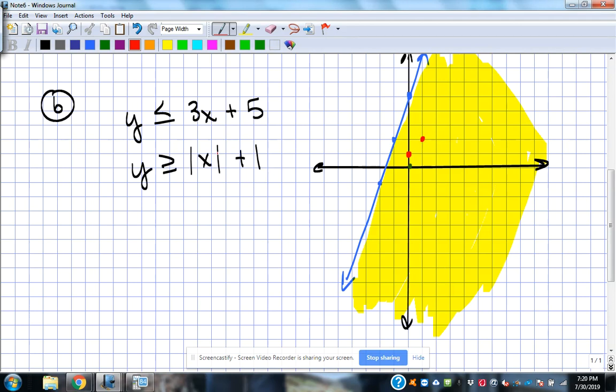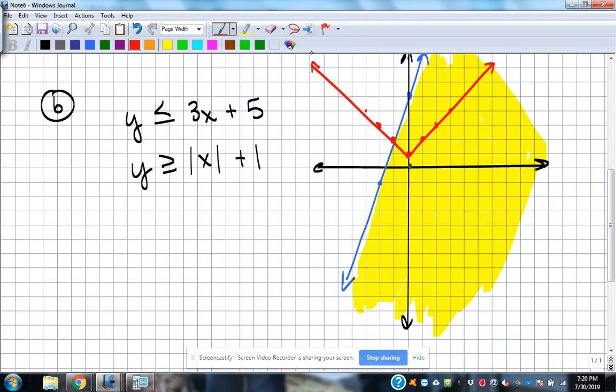If I plug in positive 2, 2 plus 1 is 3. If I plug in negative 1, absolute value of negative 1 is 1, plus 1 is 2. And it keeps going that way. So it makes that V shape just like I thought it would. And that's just by plugging in x values. And again, it's a solid line because it has the equal to mark.